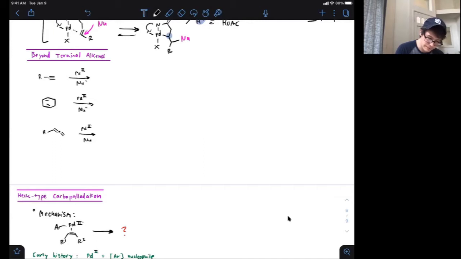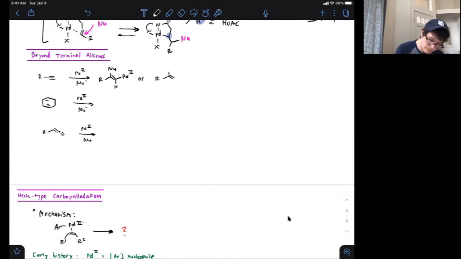So in the case of an alkyne, nucleophilic addition generates an alkenyl palladium, and depending on the nature of the nucleophile and the coordination sphere around the metal, two potential regiochemical outcomes are possible, as well as two potential stereochemical outcomes. So I'll just draw the two potential stereochemical outcomes.